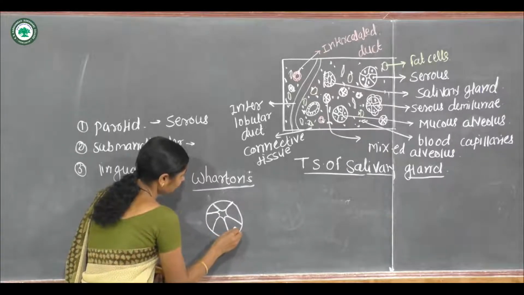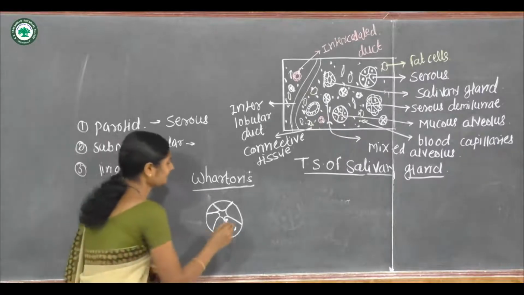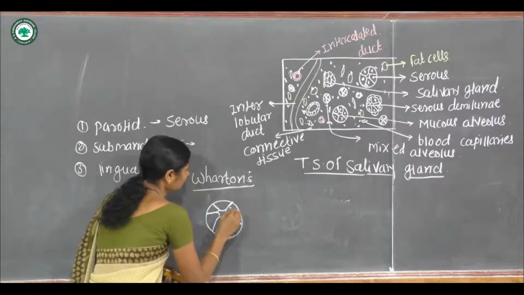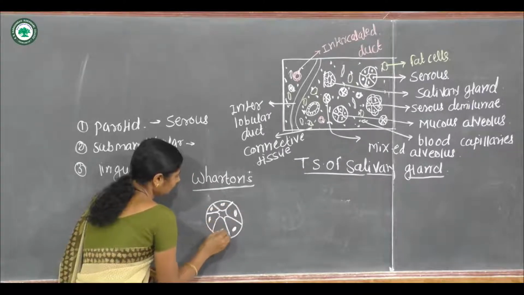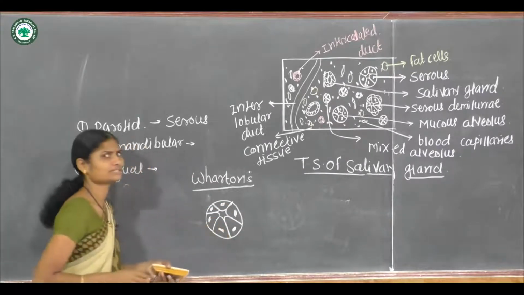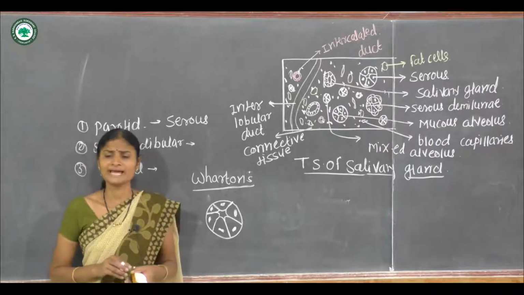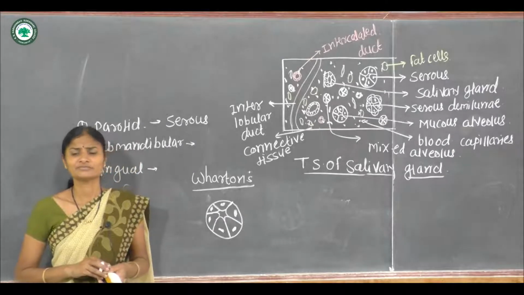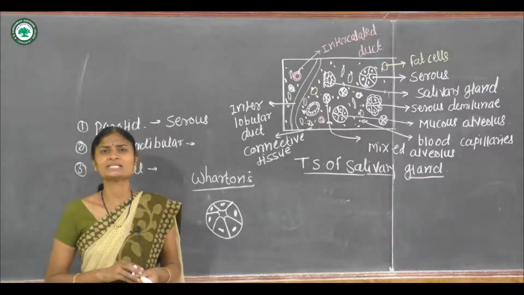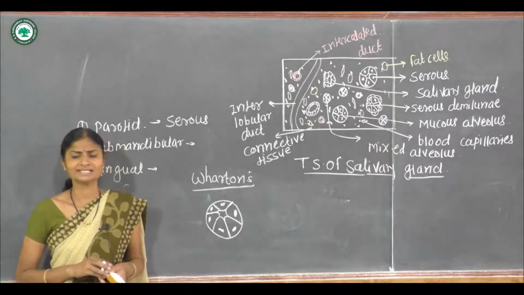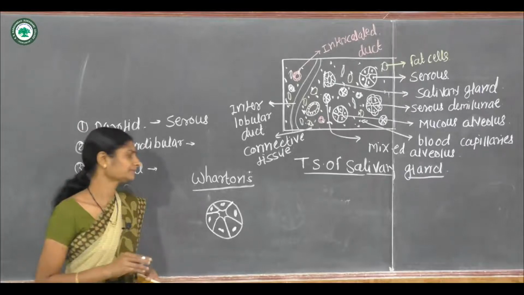The nucleus is located towards the base, and the shape of the nucleus is flat. When the cell is full of secretory droplets, the nucleus becomes flattened in the basal part of the cell.